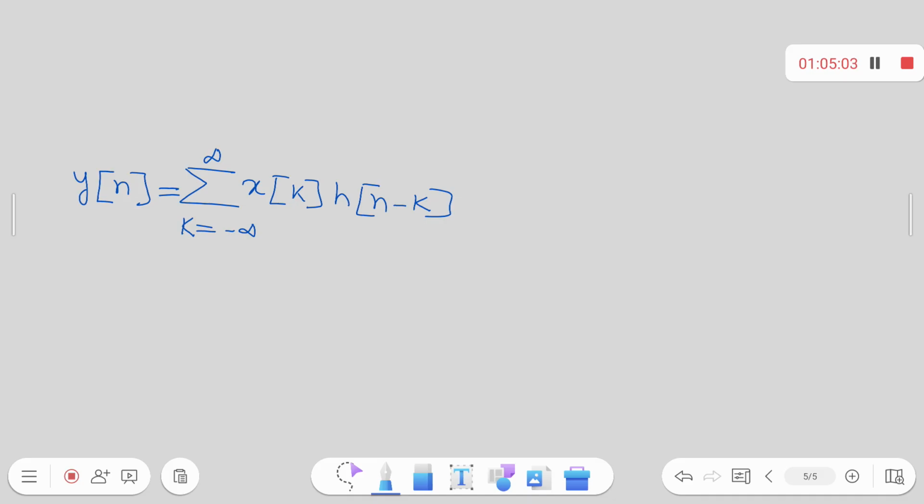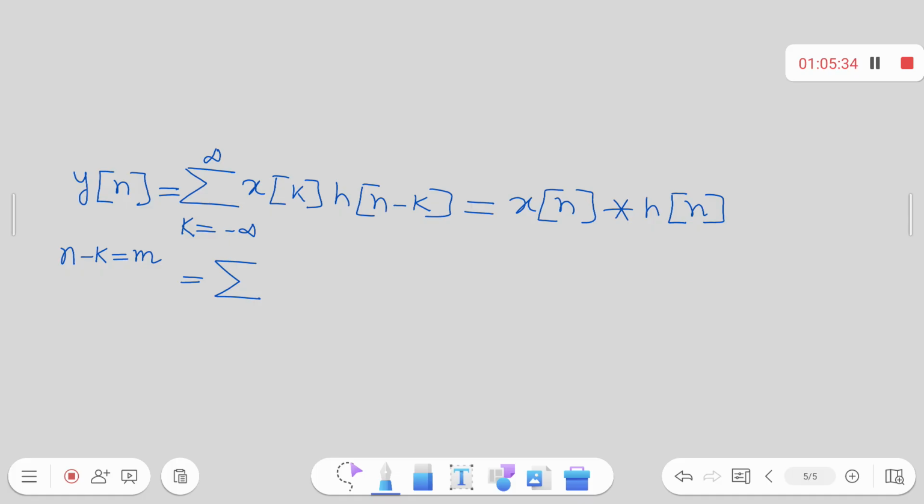So we have represented y of n is equal to summation x of k, h of n minus k, and we call this x of n convolved with h of n. Now to check whether the operation is commutative or not, let us put n minus k as m and substitute.